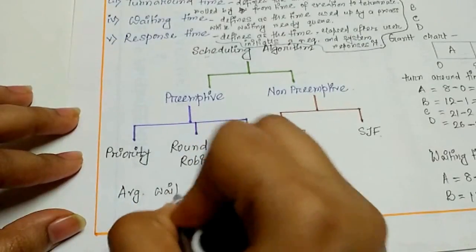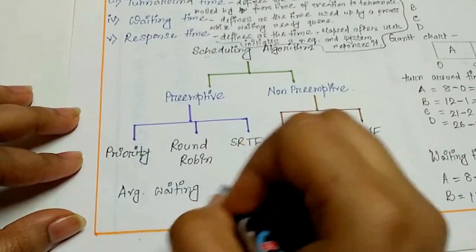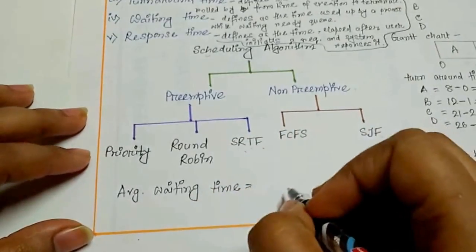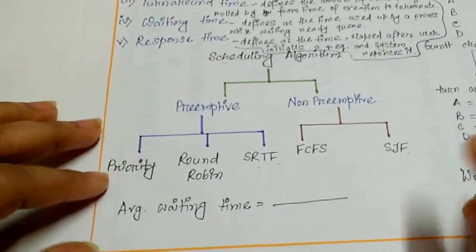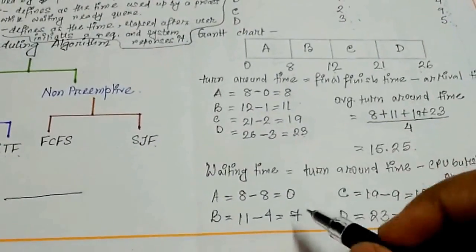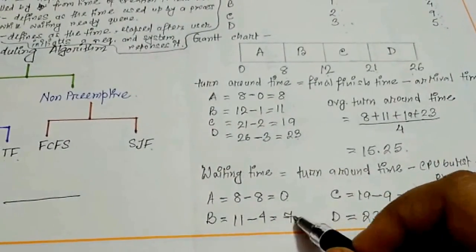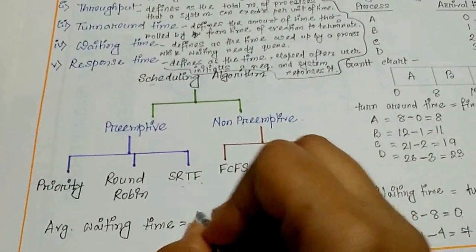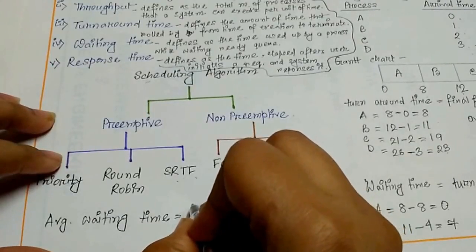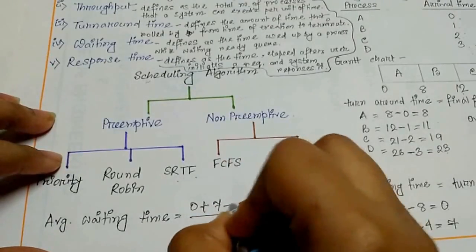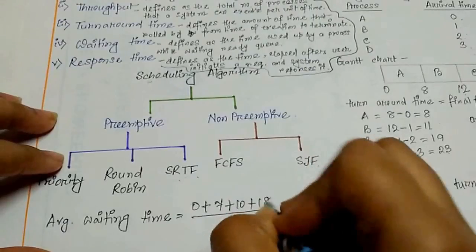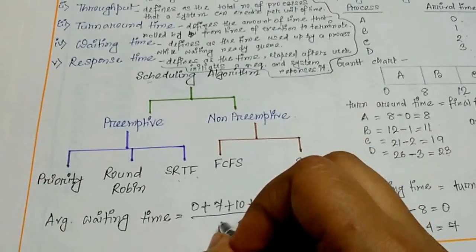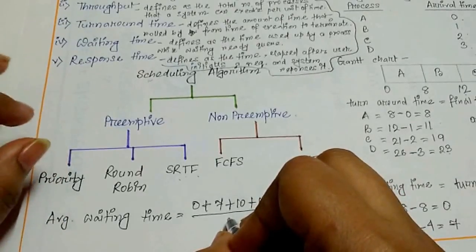Average waiting time, just like the average turnaround time, equals the sum of all waiting times of the processes, 0, 7, 10 and 18. 0 plus 7 plus 10 plus 18, divided by the number of processes, A, B, C, D, which is 4.